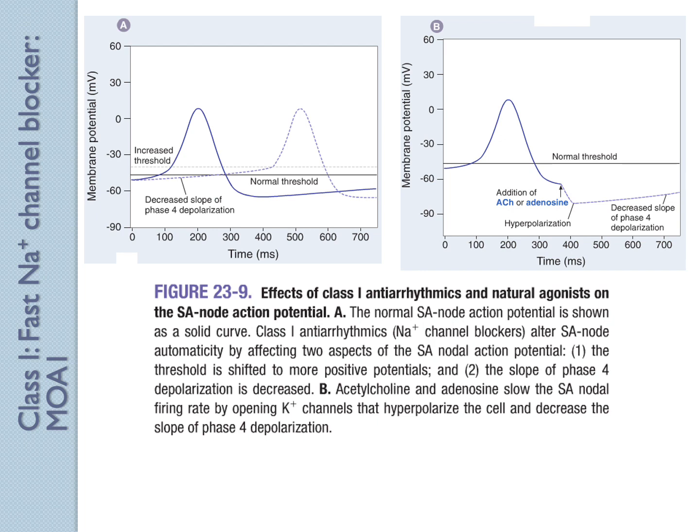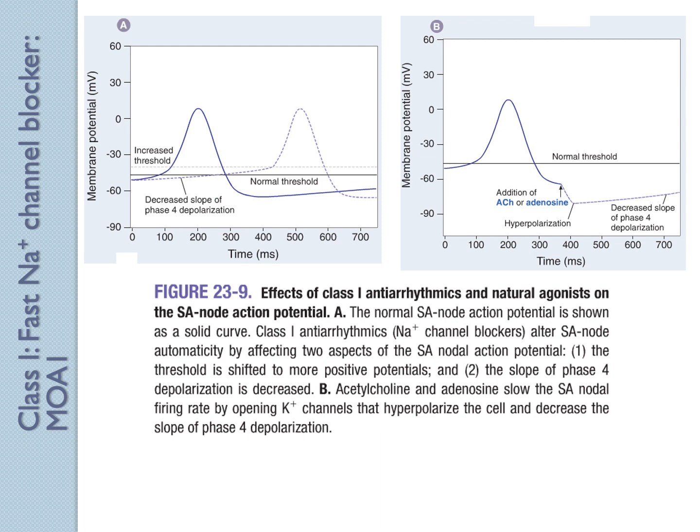Okay, so in class 1 there are actually a few subtypes as well, so there are a few mechanisms of action. We look at them one by one, right? The first one is that it can act as a fast sodium channel blocker. You can see this is mainly on the SA node, as you can see in the diagram of the membrane potential.